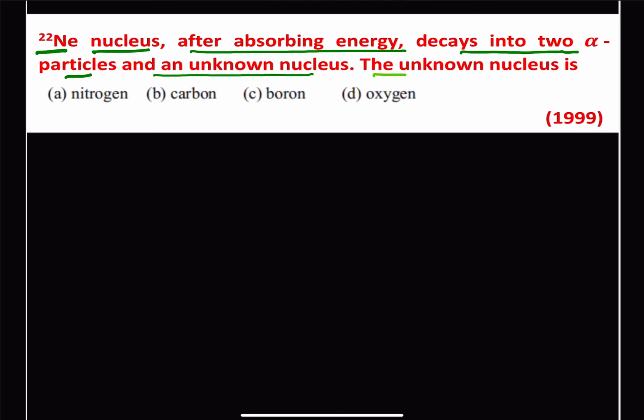The unknown nucleus is, so the atomic number is given before decay, that is our 22, and here we can just use the conservation of nucleon number and charge.